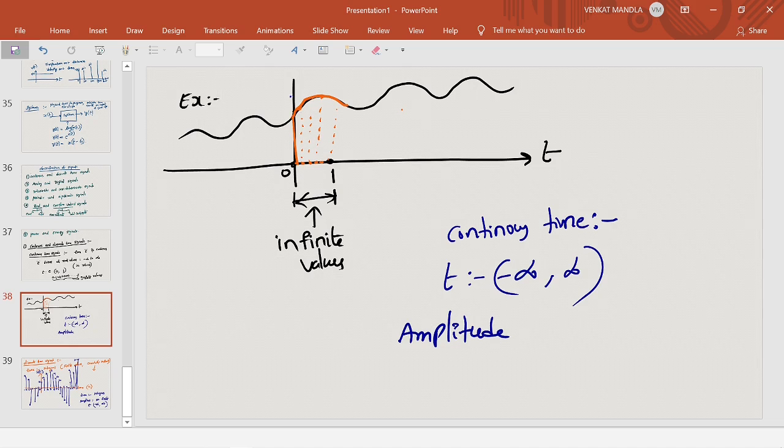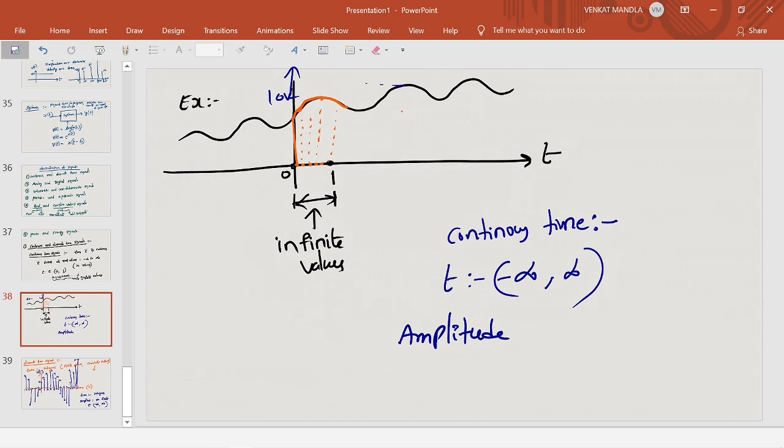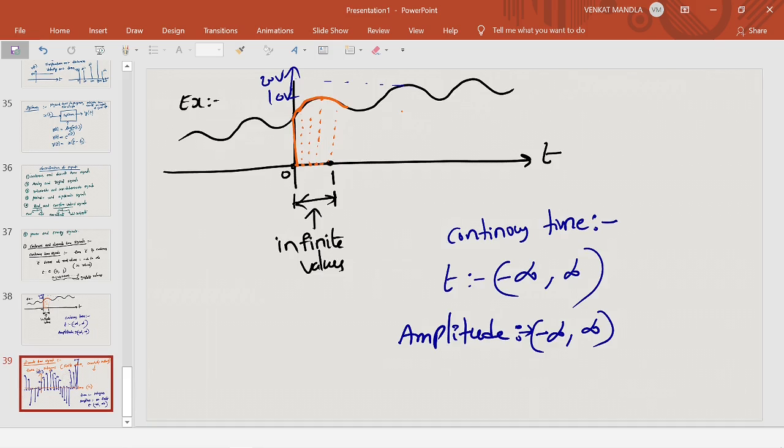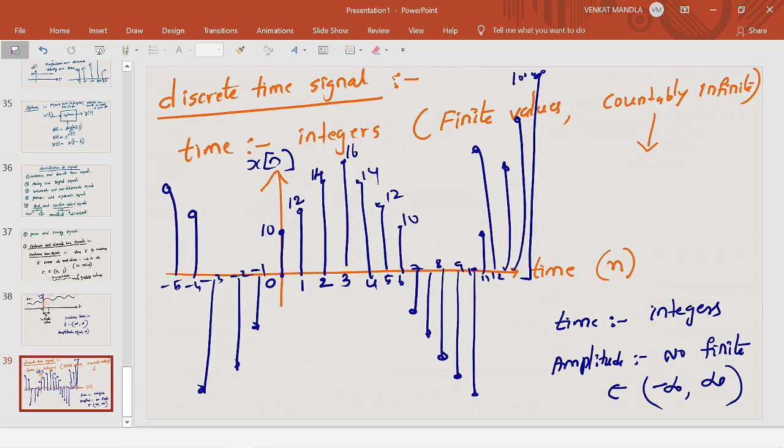Let us say here 10 volts, here 20, or some other case 40, 100, whatever. So amplitude takes any value between minus infinity and plus infinity in the continuous time case. In the discrete time case, time is integers.